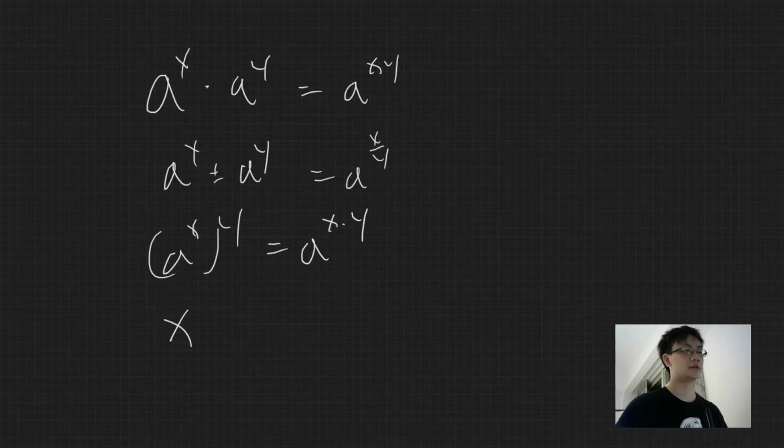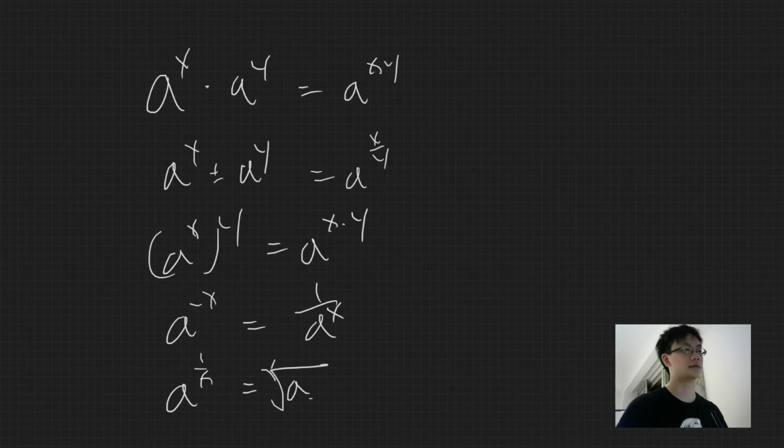A to the power of negative x equals 1 over a to the power of x. And a to the power of 1 over x equals the x-th root of a. Okay, so those are the exponent rules.